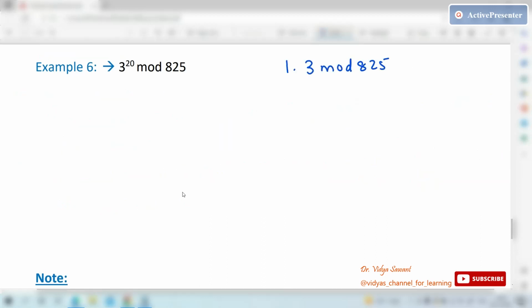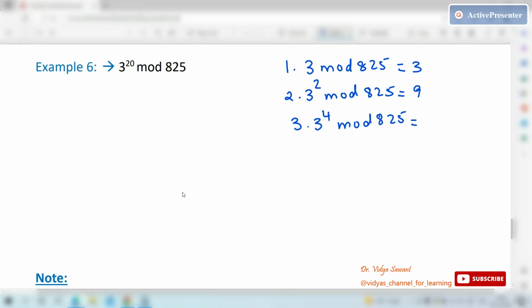So in step number 1, we found 3 mod 825. Our answer was 3. In step number 2, we found 3 square mod 825. The answer that we got was 9. In step number 3, we performed 3 raised to 4 mod 825. The answer that we got was 81. In the fourth step, we compute 3 raised to 8 mod 825.